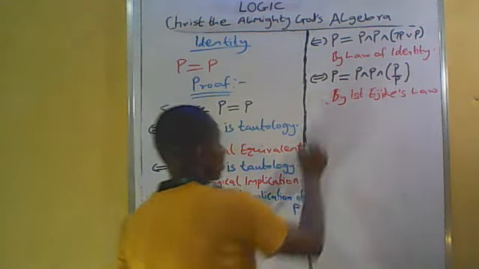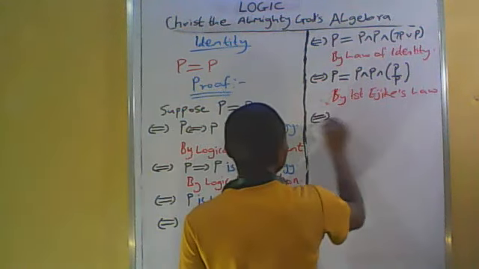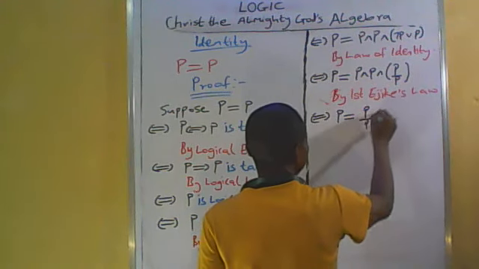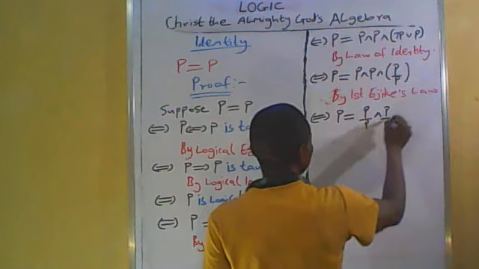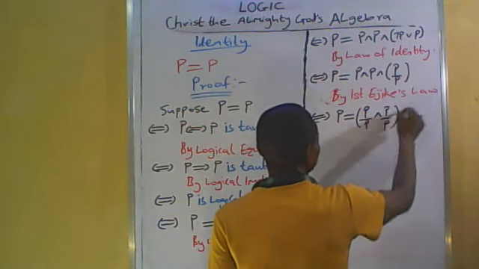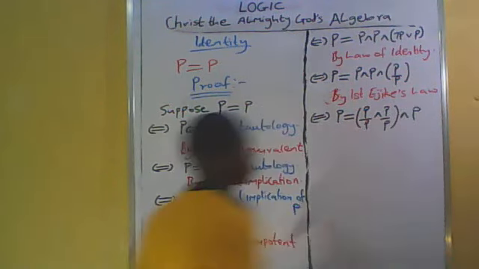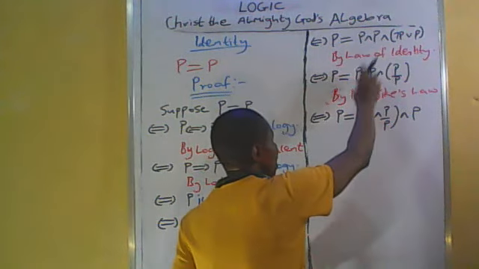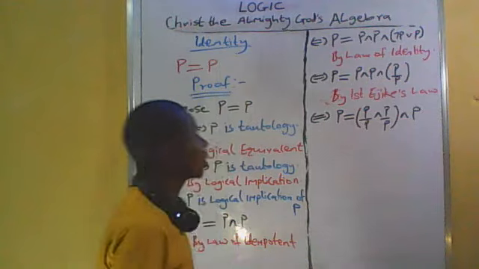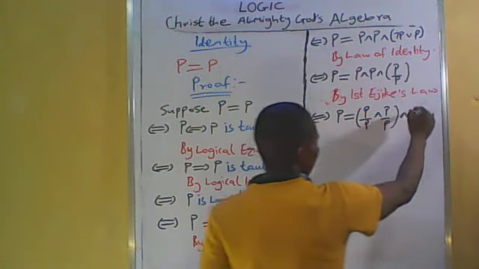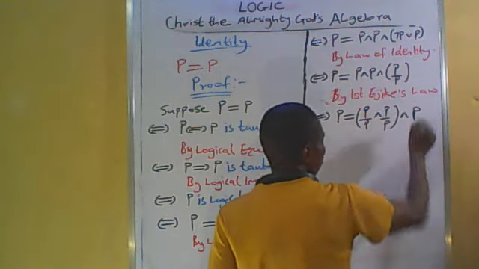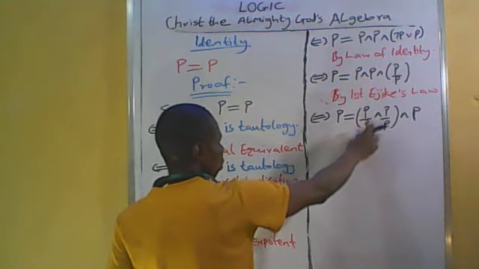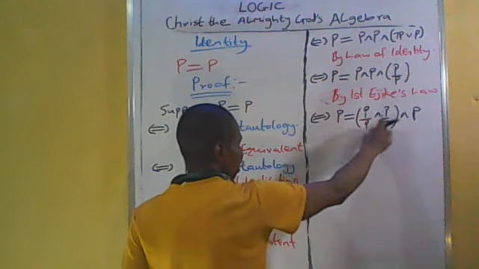That is, if and only if P is equal to P implies P and P implies P. I've now distributed this implication P between P and the P, and it is still equal to P, because P implies P is a tautology, and P implies tautology.